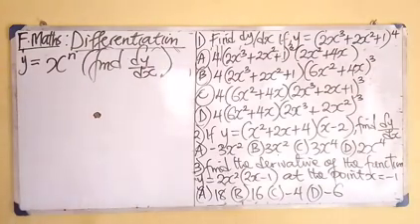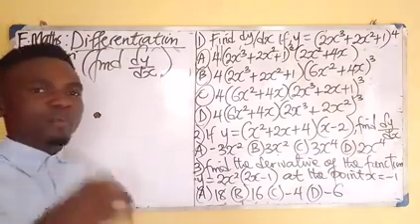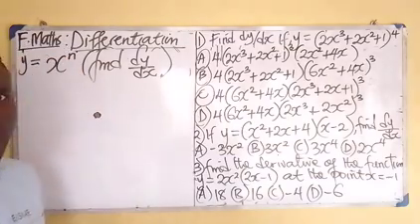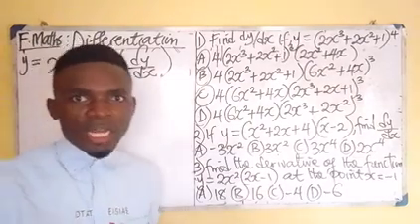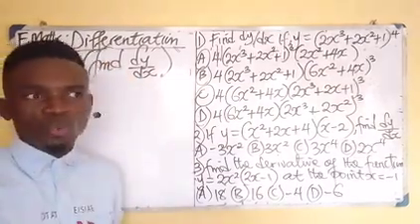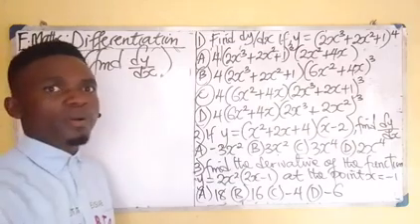Some students, whenever they hear the word dy dx, it sounds ambiguous, but it is very, very easy. All you need to do is to pay proper attention and watch this video with absolute tranquility of the mind. You must be very calm.